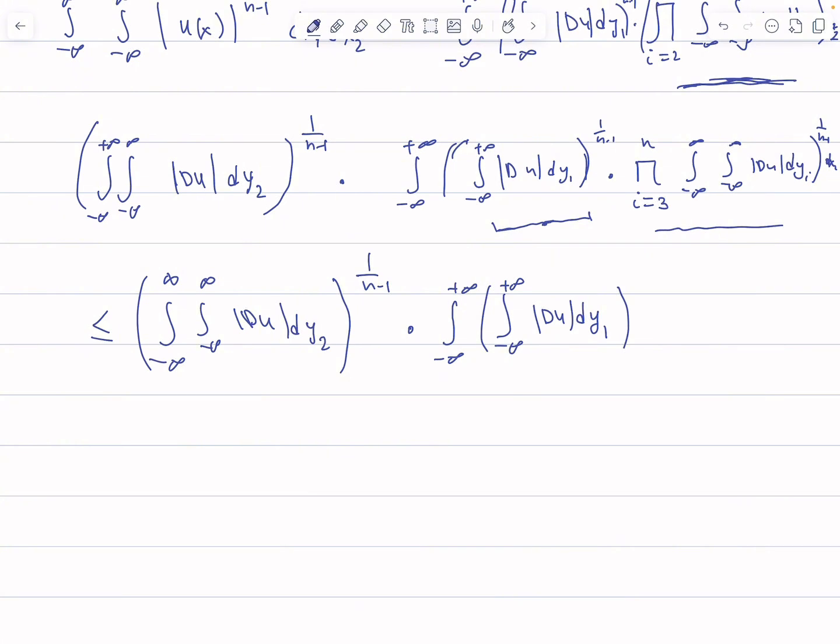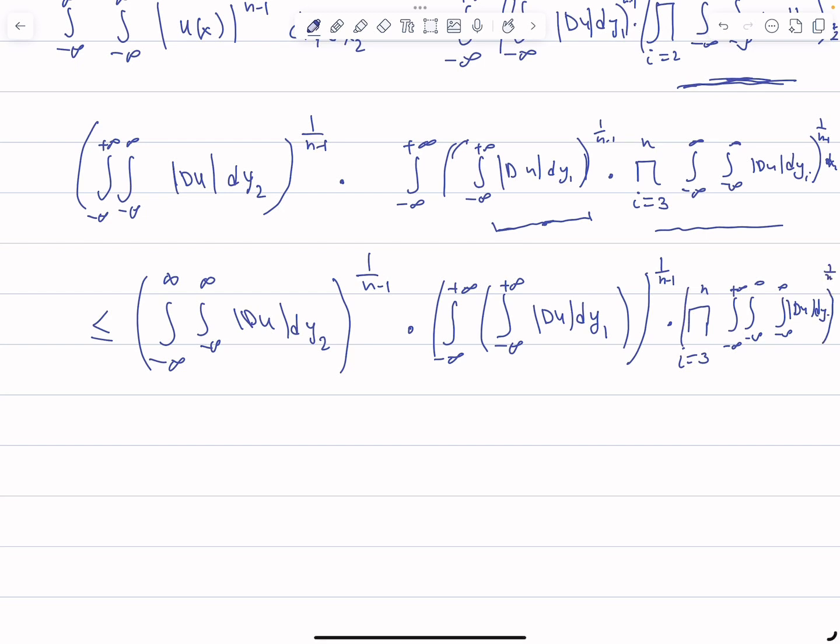The n minus 1 cancels with this n minus 1, and at the end we have 1 over n minus 1, but the product changes to the integral for i from 3 to n of du dyi to the power 1 over n minus 1, dx2.